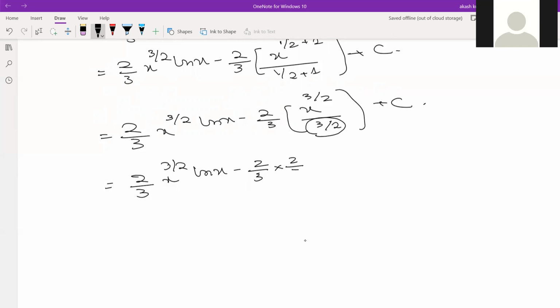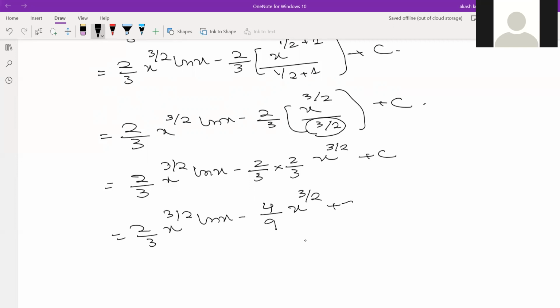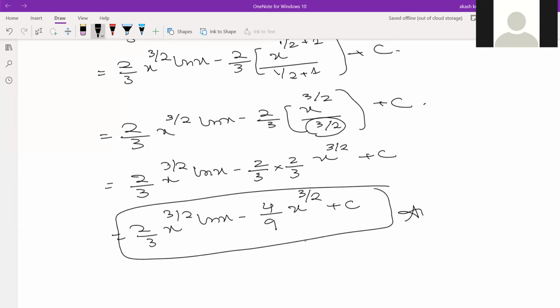So it becomes 2 by 3 times 2 by 3, and x to the 3 by 2 plus c. So 2 by 3 x to the 3 by 2 ln x minus 4 over 9, I just multiplied it, x to the 3 by 2 plus c. Is it clear?